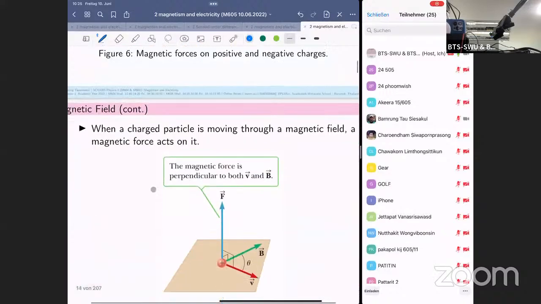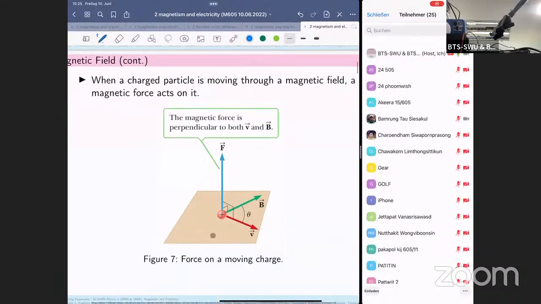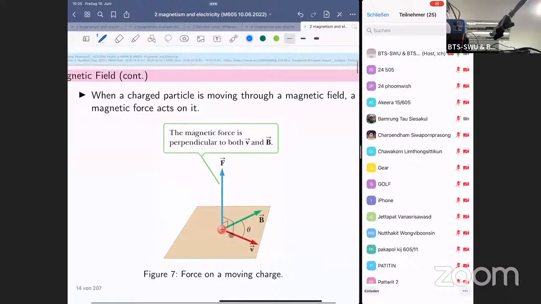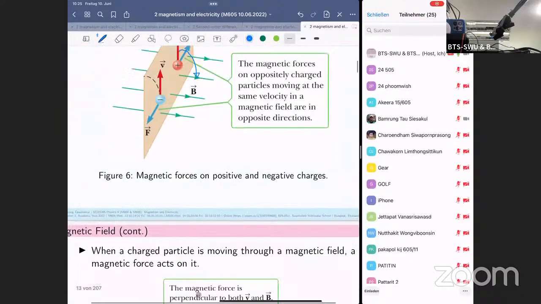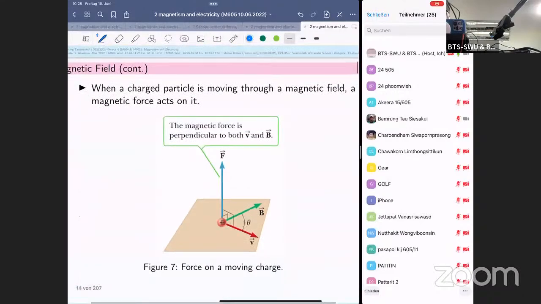If it's not a right angle like this, and your particle is moving like this, and you have the magnetic flux density pointing in this way, the V to B will be this one.